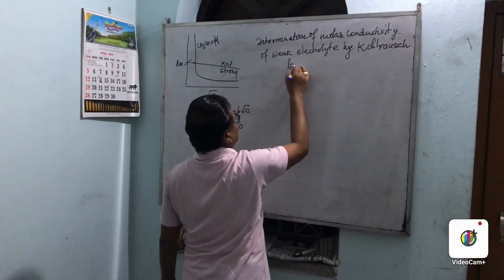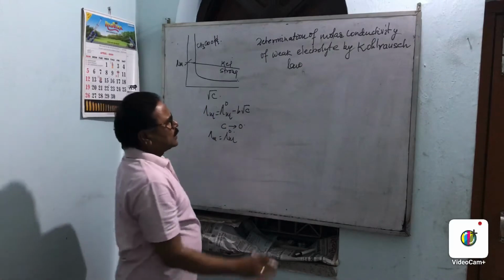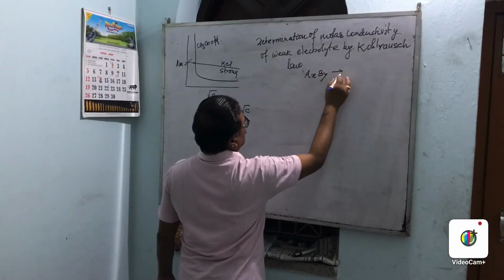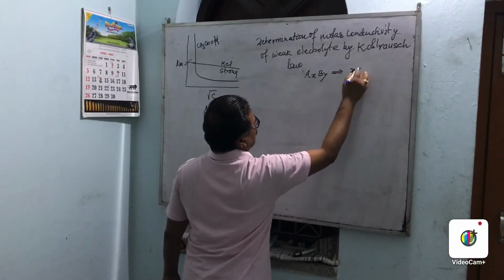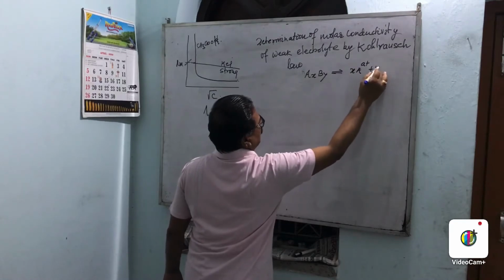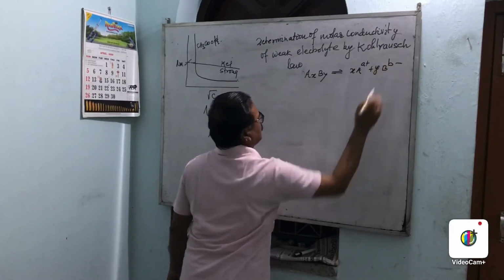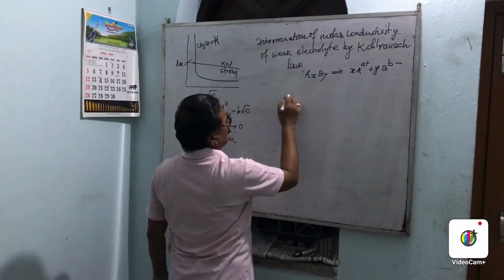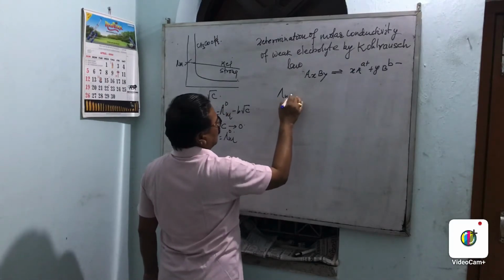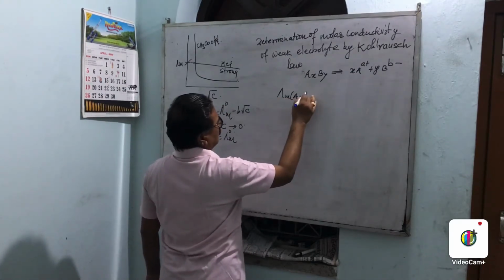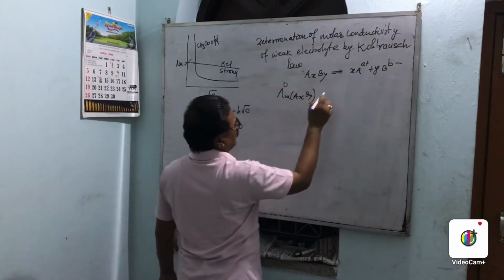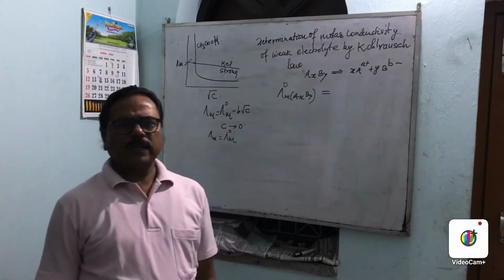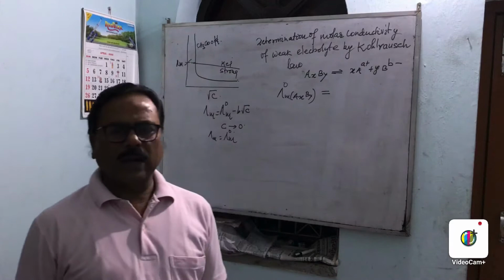Kohlrausch's law. Now we take the general electrolyte A_x B_y, which will dissociate to give x A plus and y B minus. The molar conductivity for this electrolyte at infinite dilution is equal to the sum of the ionic conductivities of the cation and the anion.